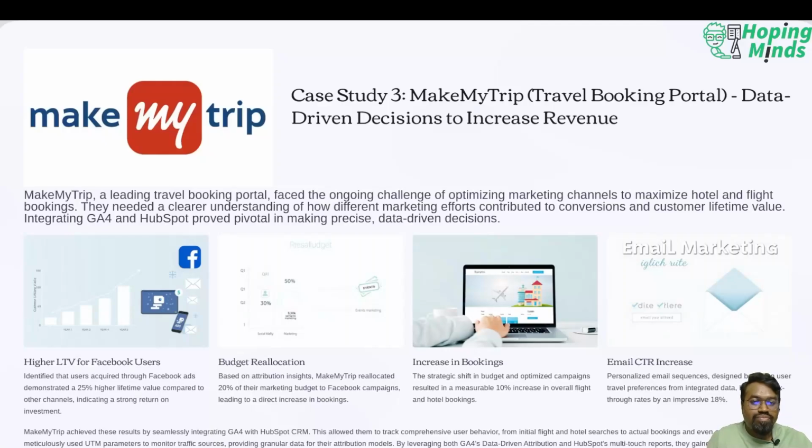Leading to a direct increase in their bookings. So once the increase in bookings happened, the strategic shift in budget and optimized campaigns resulted in a measurable 10% increase in overall flight and hotel bookings, right? So again, after doing all this, an email CTR increase has also empowered Make My Trip.